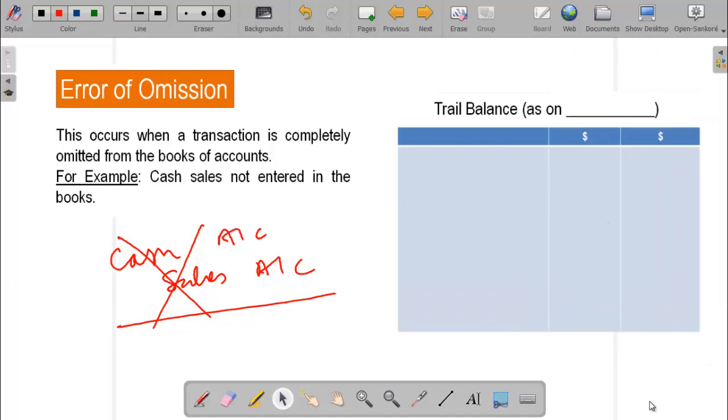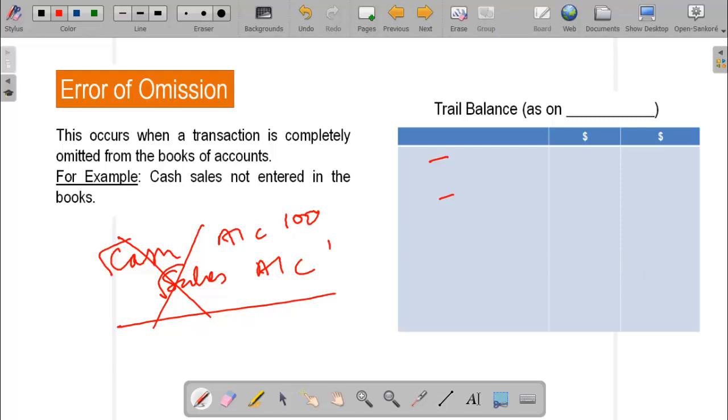I didn't pass this entry, so in the ledger the cash account is not there and the sales account is not there. So I will not show the cash account or the sales account in the trial balance, and the total of the trial balance will still agree. Suppose the amount is 100.